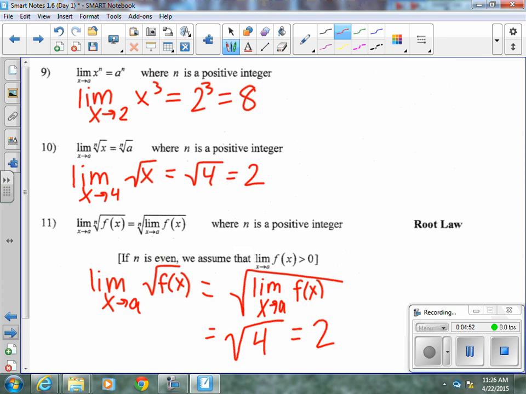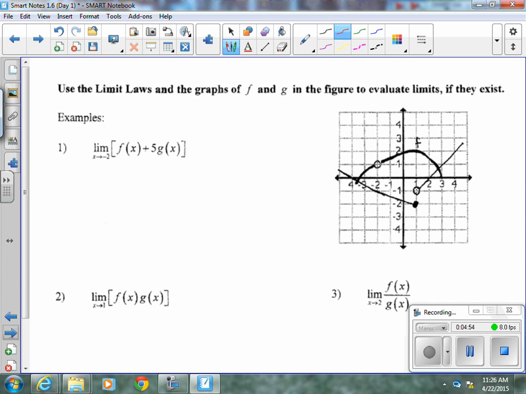From there, let's do a couple of examples. For example, we have pictures. F is the curved function. G is not indicated on here for some reason, but G is this function made up of the two straight lines.